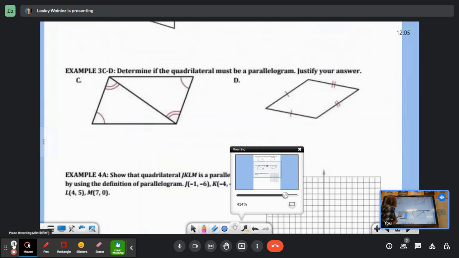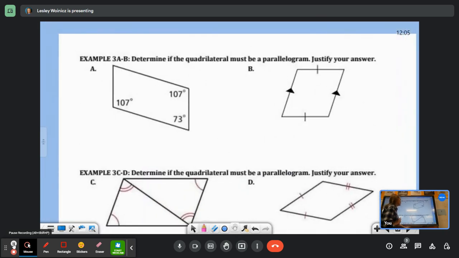Okay, so these are tricky. You guys have your quadrilateral tree, right? So you know those 5 conditions for parallelograms? You notice that those are the same ones that are on here. I don't know why there are 6, but there might have been 6.